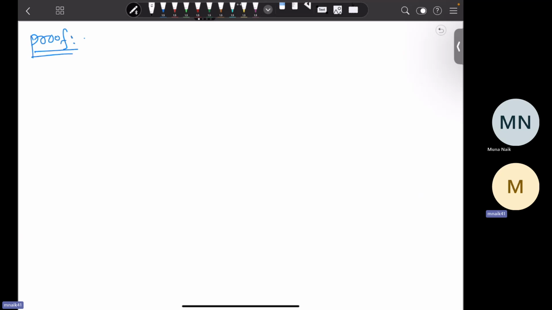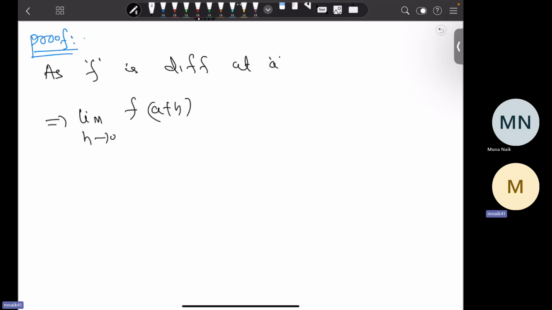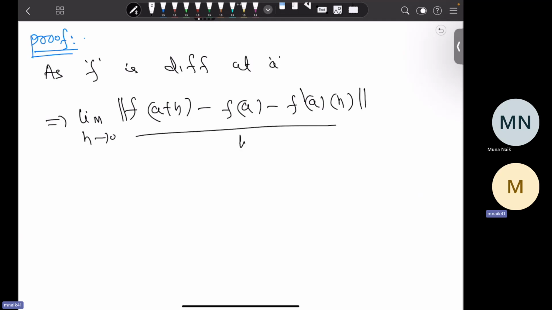Since f is differentiable at a, this happens: the limit as h tends to 0 of the norm of f of a plus h minus f of a minus f prime of a applied on h, divided by the norm of h, is 0.